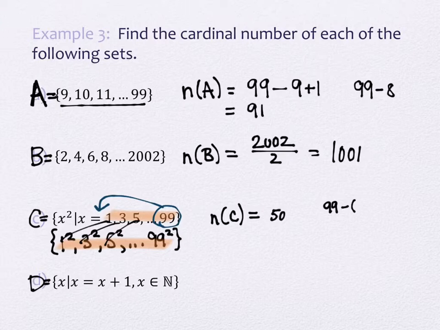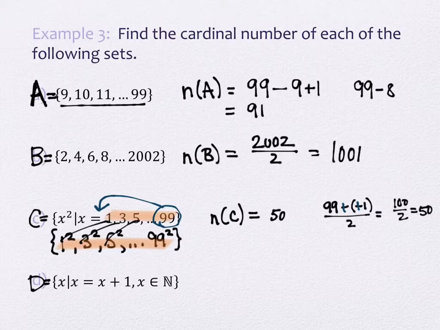It'd be -1. Most of the time it'll still be positive because the sequences don't start at 1. And then I'm dividing by 2 because I only have half of the terms, right? It's every other term. If I had multiples of 3, I would divide by 3. So what happens when I have 99 minus a -1? It's addition. So there's actually 100 divided by 2 to give me the 50. So that's one way to think about it.